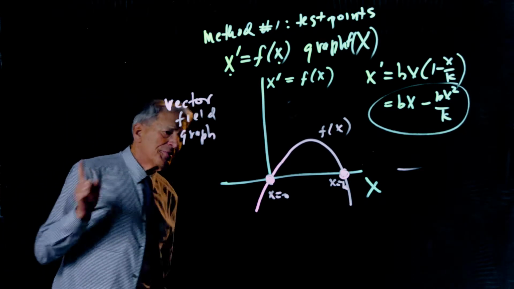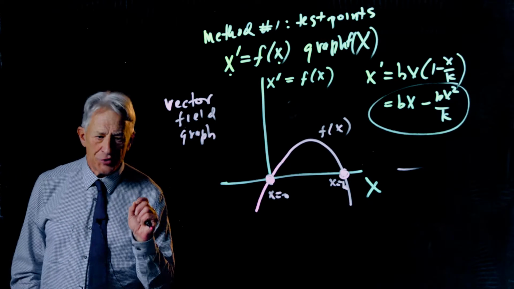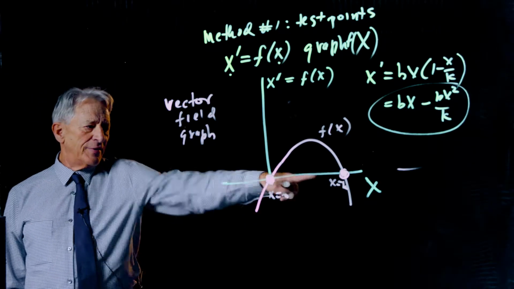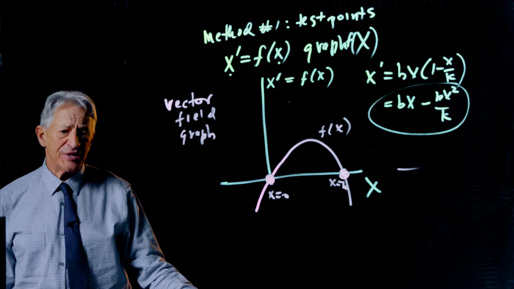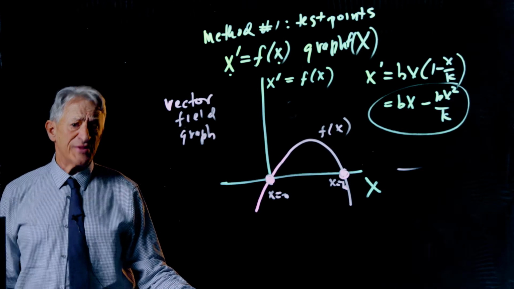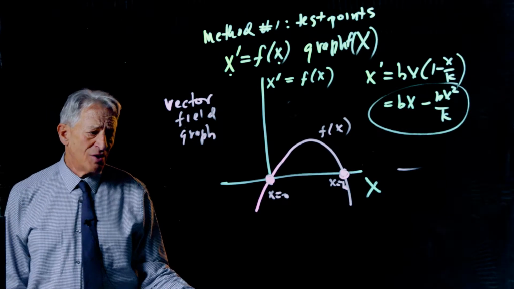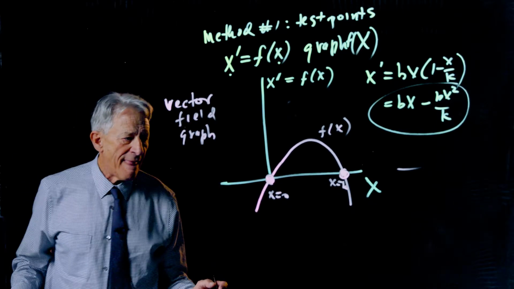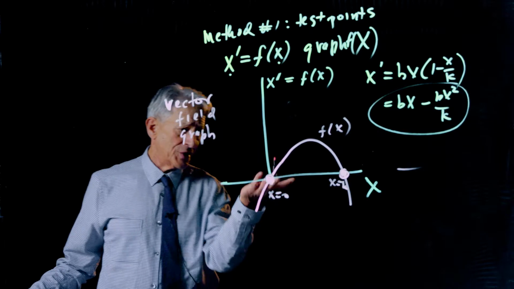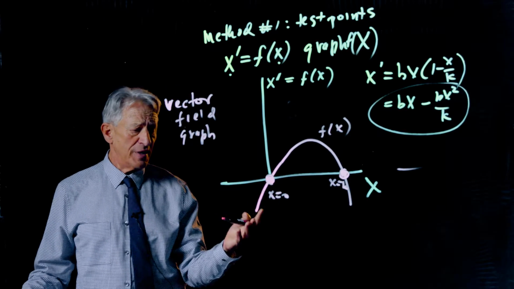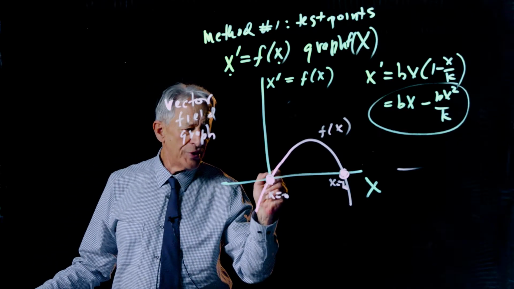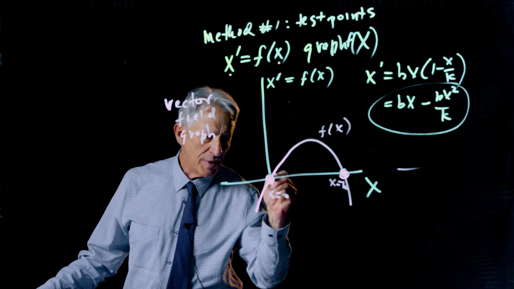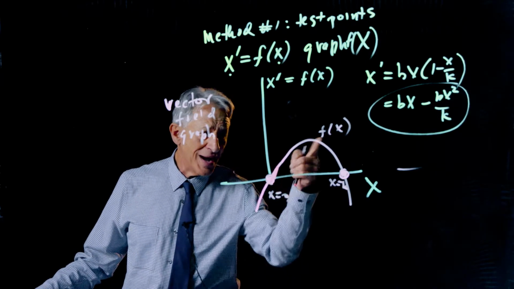But then there's another thing which is even much more interesting and much deeper. Now I want to find out if these 2 equilibrium points are stable or unstable. So let's look at the x equals 0 equilibrium point. I can just stare at the graph and see this immediately, that for points to the right of the equilibrium point, f of x is positive.